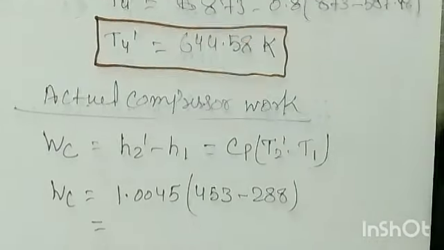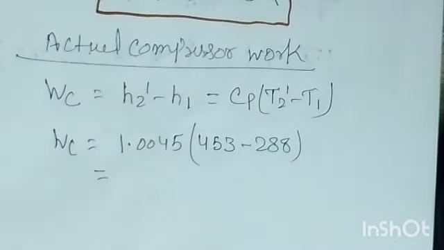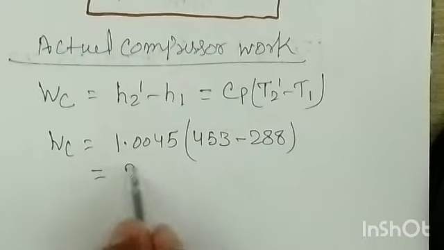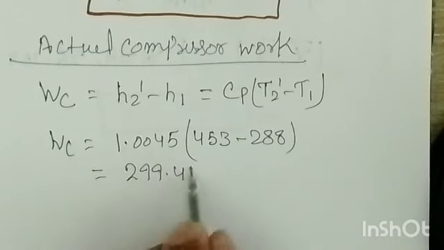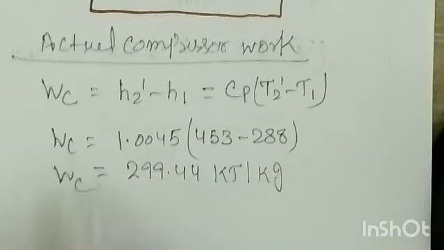On calculation you'll get 299.44 kilojoule per kg. This is the compressor work we got.